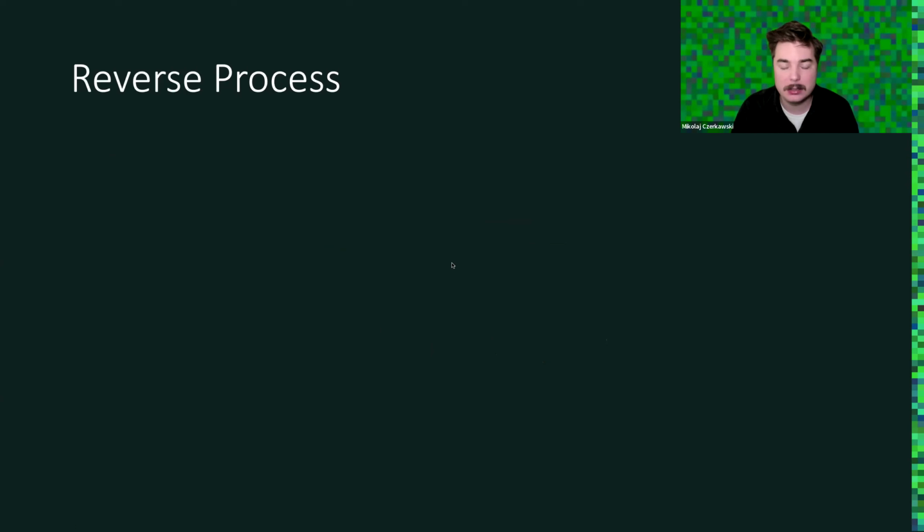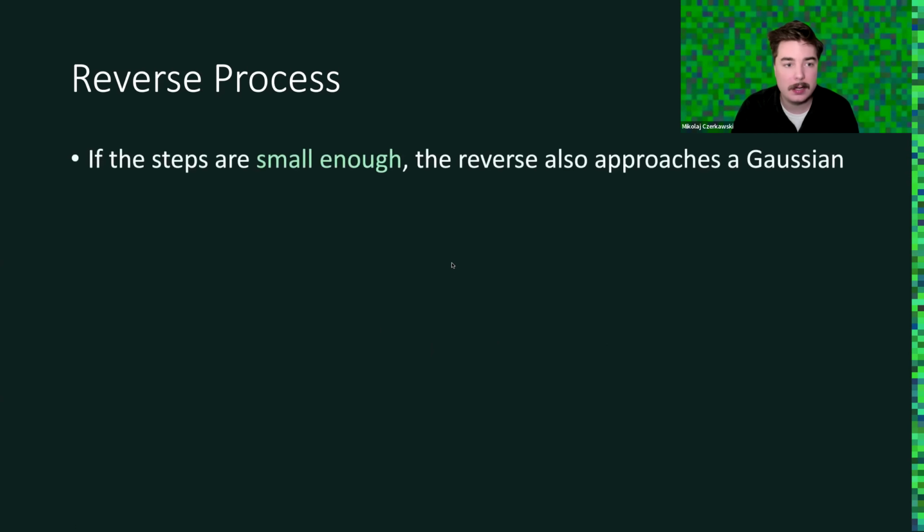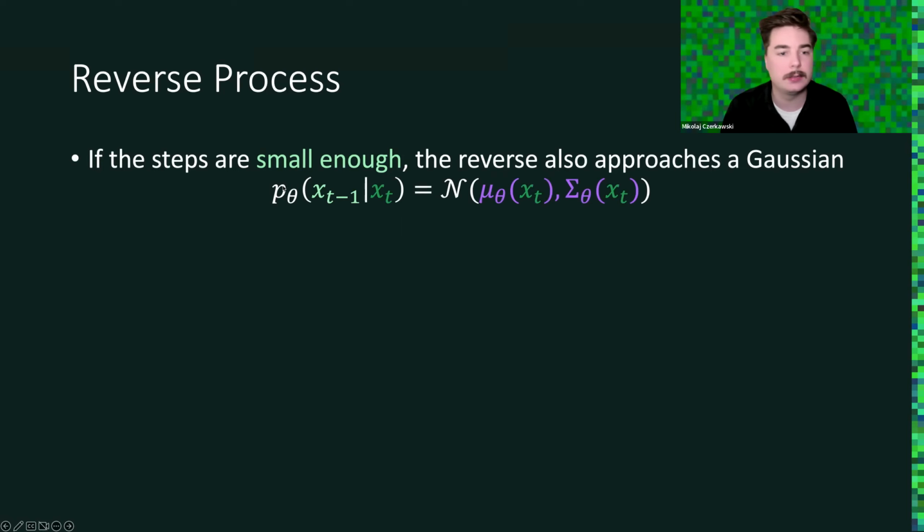Now that's much harder to do, unless we realize that if the steps are small enough, if these additions of noise are gentle enough, the reverse process at each step can also be modeled by a Gaussian. So if we have this information, we can define the opposite conditional as a Gaussian distribution.